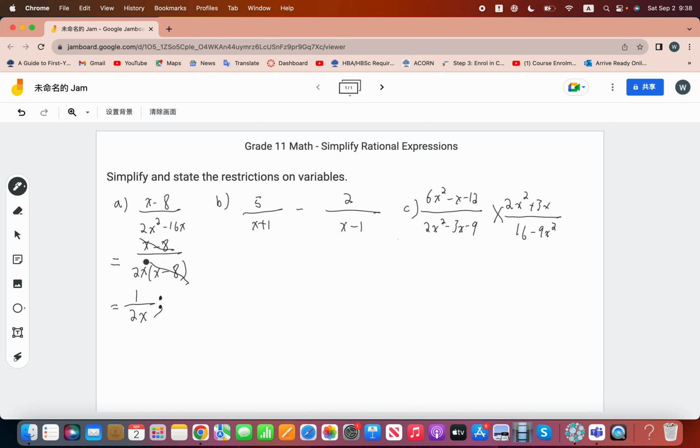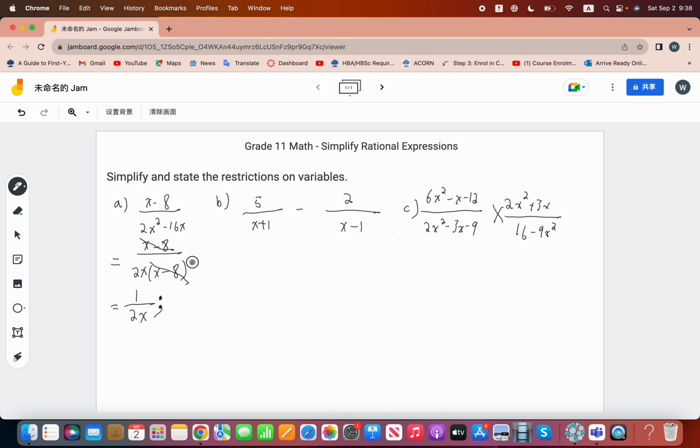For the restriction, I refer to this expression here. I'm going to set this expression's denominator to not be 0.